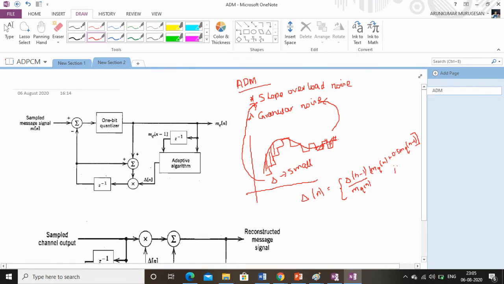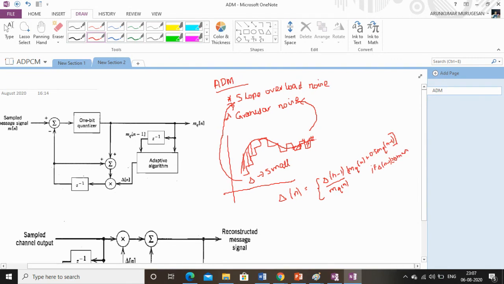Here, if delta of n minus 1 is greater than or equal to delta minimum, this is the slope overload noise case; and otherwise, if delta of n minus 1 is less than or equal to delta minimum.